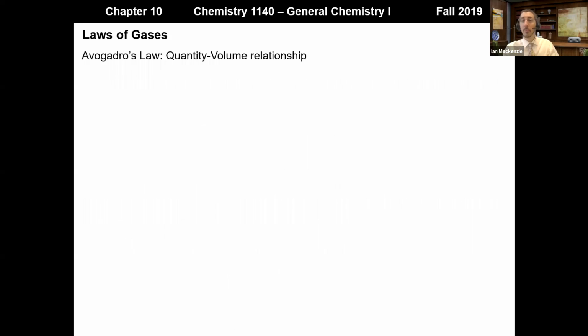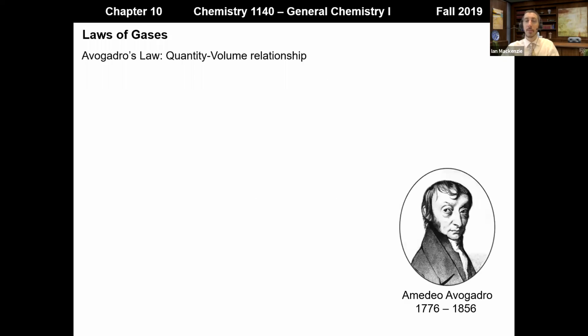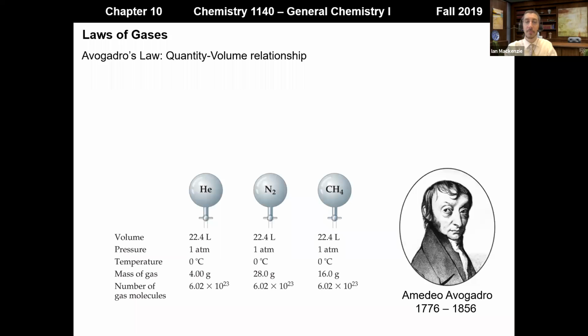Lastly, let's go through one more law. This is known as Avogadro's law, and it's named after Amedeo Avogadro, who was a scientist in the early 1800s. And again, studying gases, he sees this relationship between quantity, so the amount of a gas, and its volume.